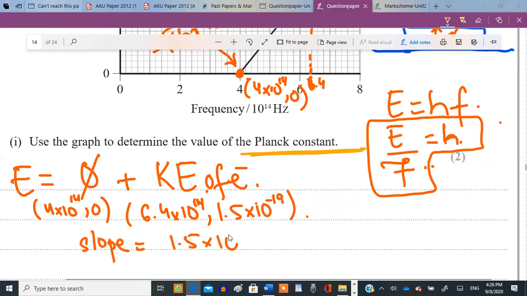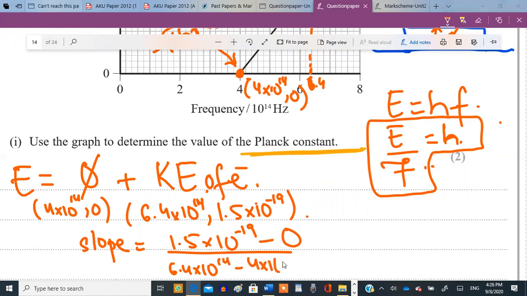So 1.5 times 10 raised to the power of minus 19 minus 0, divided by 6.4 times 10 raised to the power of 14 minus 4 times 10 raised to the power of 14. And the answer to this should turn out to be 6.25 times 10 to the power of minus 34. Yes, that's the answer.